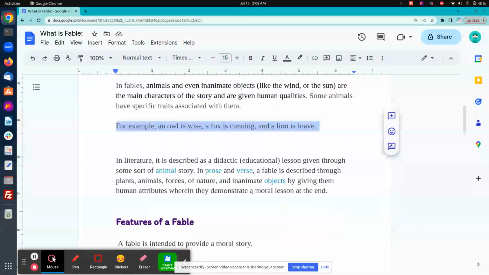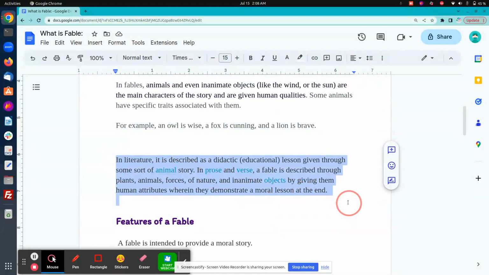For example, in literature, it is described as a didactic lesson, and didactic means educational, given through some sort of animal story. You need to keep this in mind, that in fables there are always animals.